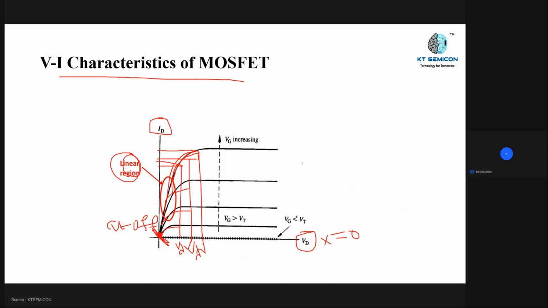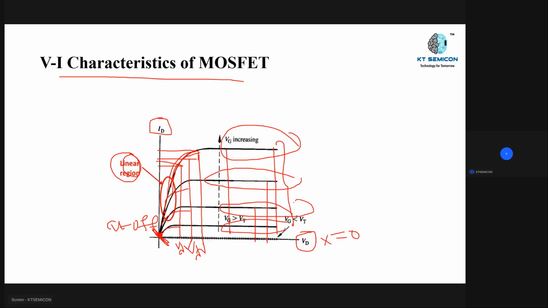After that, we keep increasing the VD voltage. Whenever we start increasing the VD voltage, my ID current becomes saturated. See, check here, my ID current will become saturated.